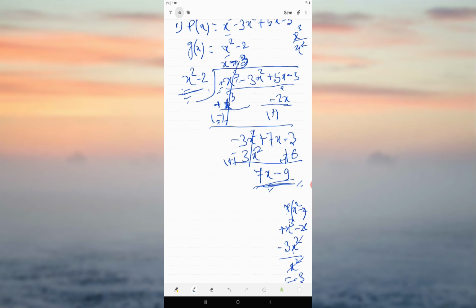So we will stop here, no further division. So we got quotient equals x minus 3 and remainder 7x minus 9. This is very important.